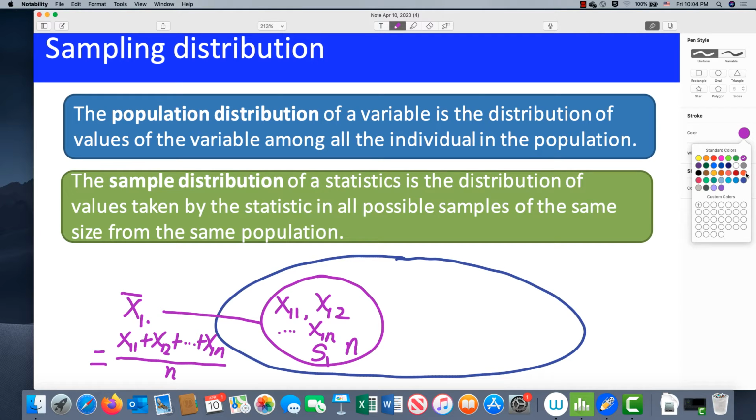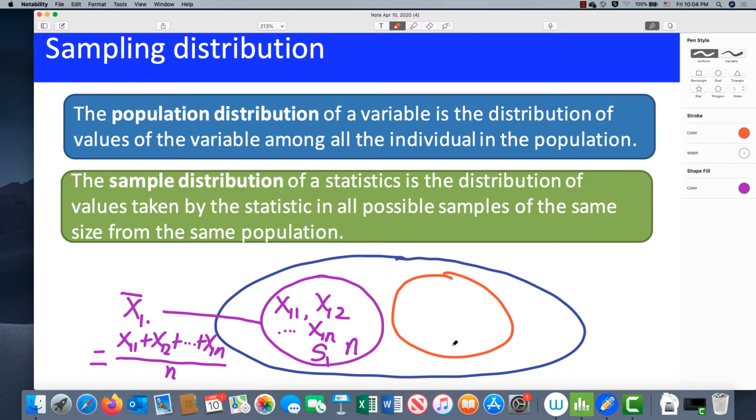Let's pick another sample from the population, say this is sample 2. On sample 2, assume the sample size is the same, so we have x21, x22, and so forth up to x2n, with sample size n. In that case, we can calculate the sample mean as well. This is x2 dot bar, which is the same thing.